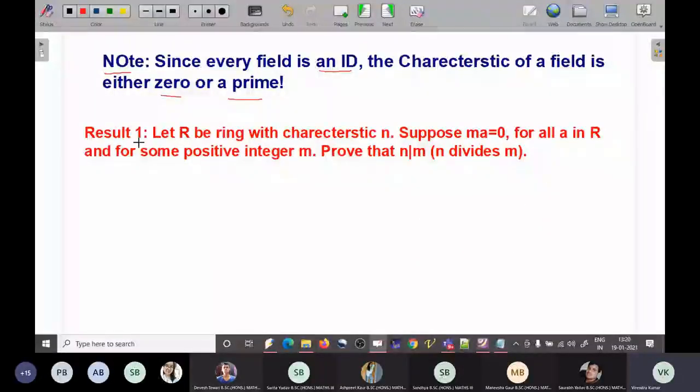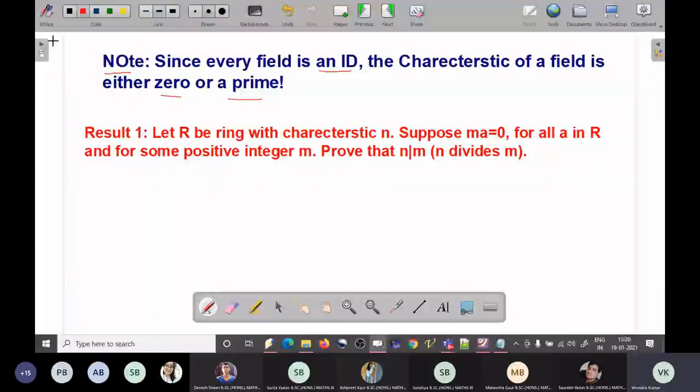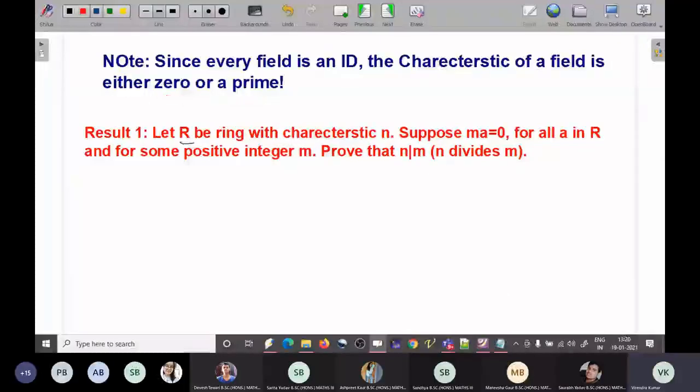So here what we have been given: the characteristic of R, the ring, is n. And m times a equals 0 for all a belongs to R and for some positive integer m.